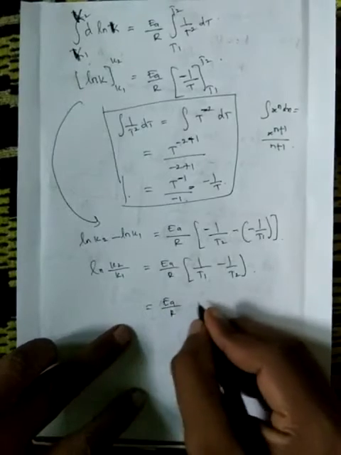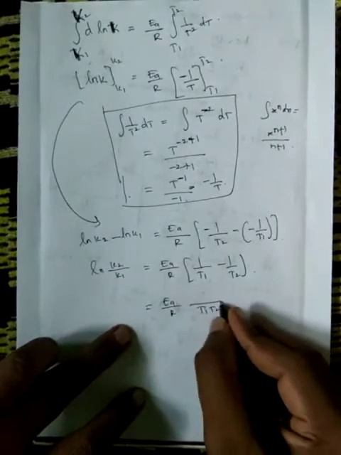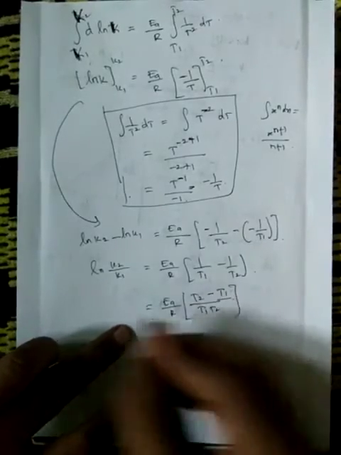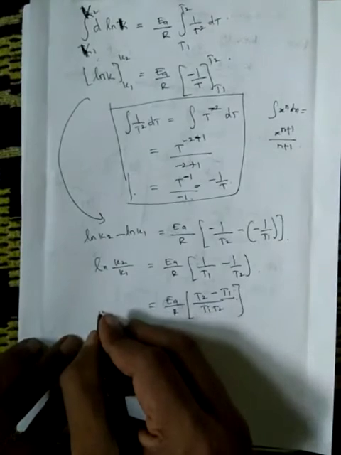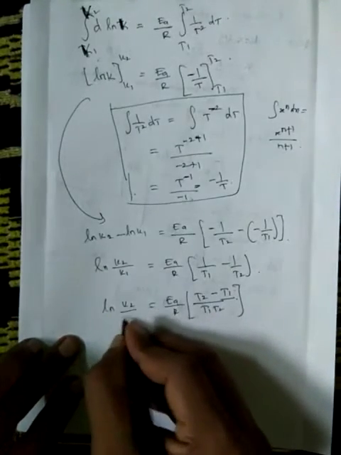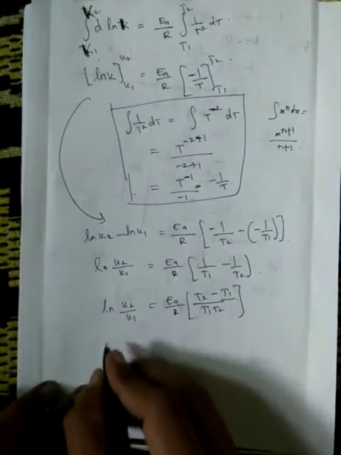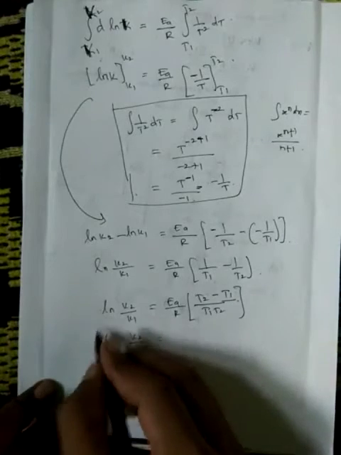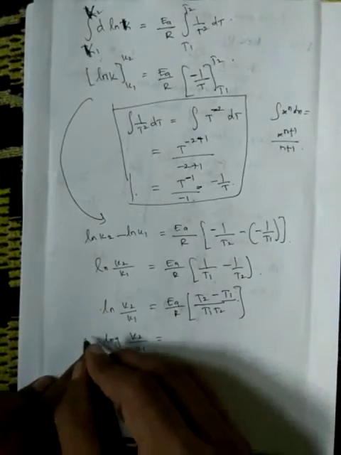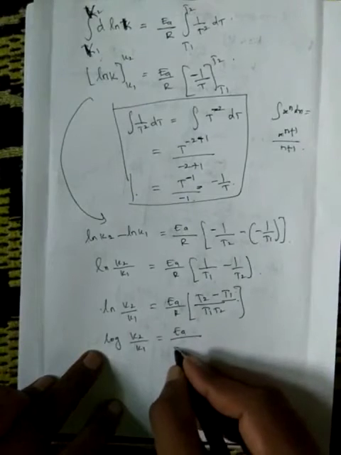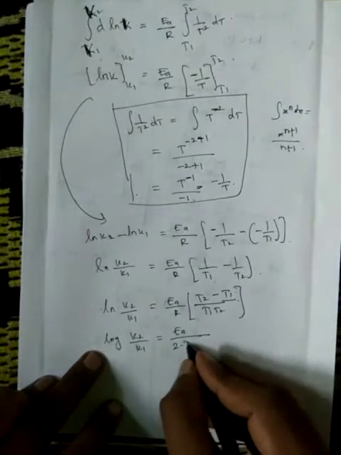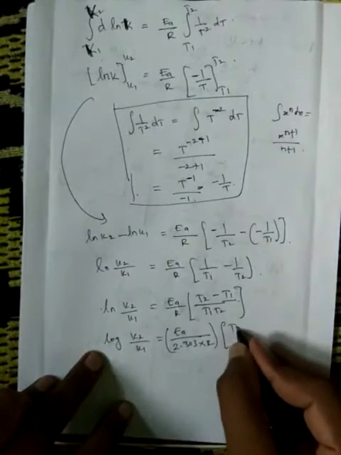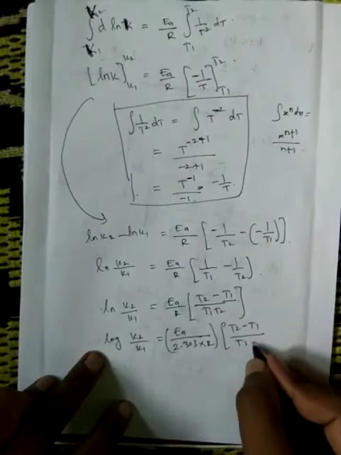I can take the LCM. And since this is natural logarithm, you can convert it into base 10. So logarithm K2 by K1, 2.303 must be multiplied, then this 2.303 is taken to the right side of the equation, so I'll get T2 minus T1 over T1 T2.